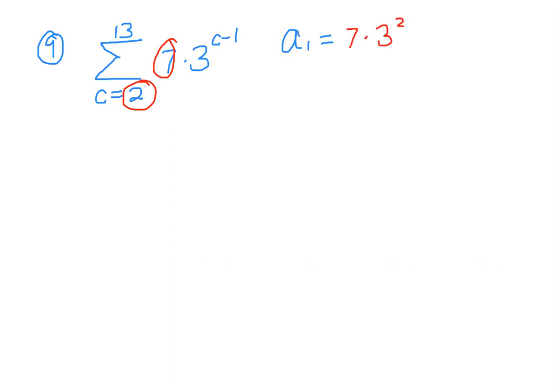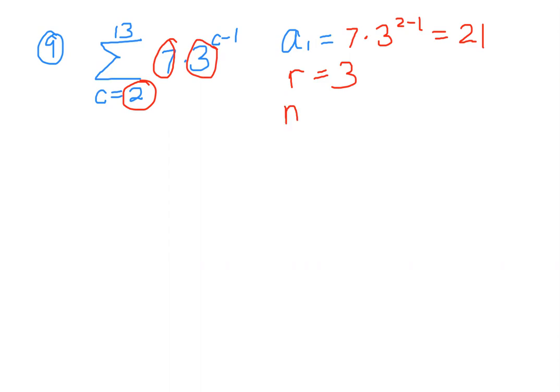All right, now let's look at the next two because these are a little bit different because we don't start at 1. We have c equals 2 to 13 of 7 times 3 to the c minus 1. So A1 is when c equals 2. We can't use this anymore. We have to actually substitute it in, and we get 21. R is still this, so that's okay.